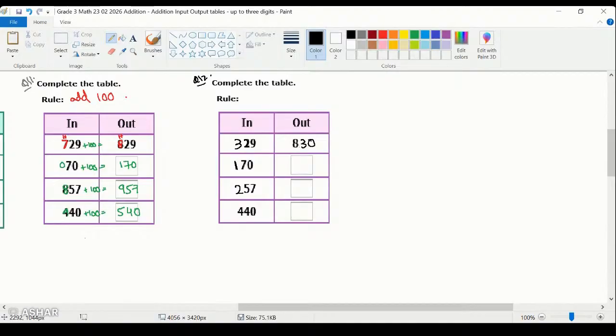Let's see. 830 minus 329. What do we get when 30 minus 29 is? 30 minus 29 is 1, right? And 8 minus 3 is 5.